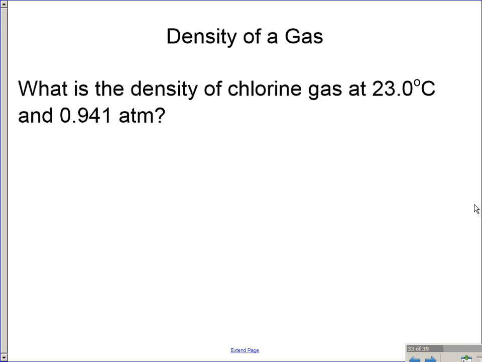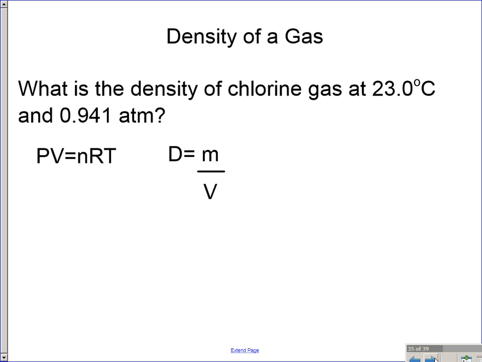Now, we haven't talked about any gas laws that deal with density, but density, if you remember, is equal to mass over volume. So we know about PV equals nRT.